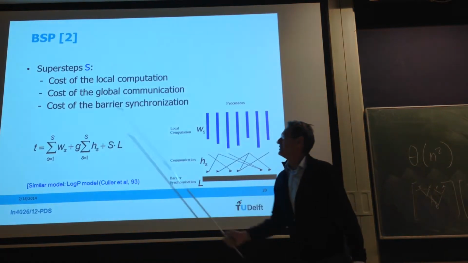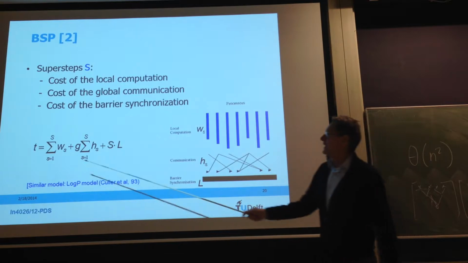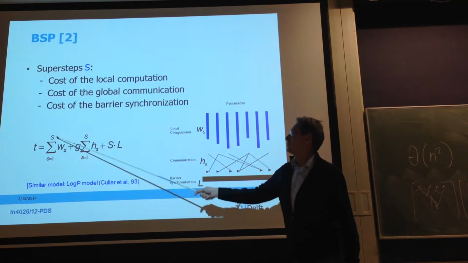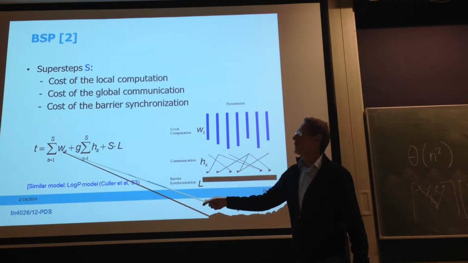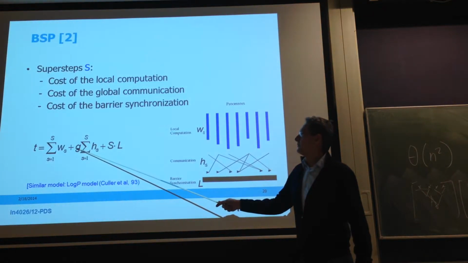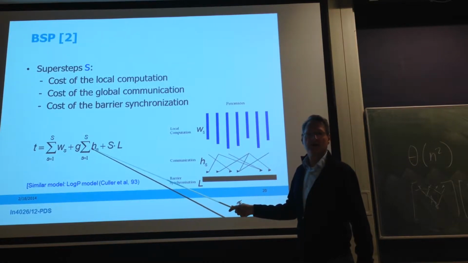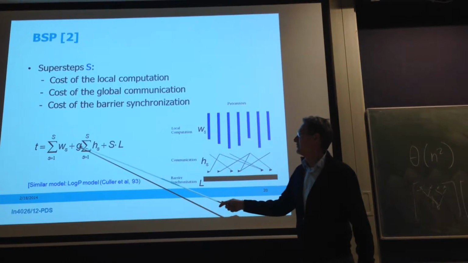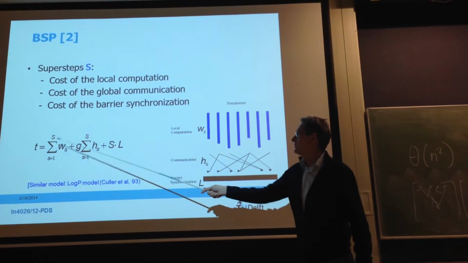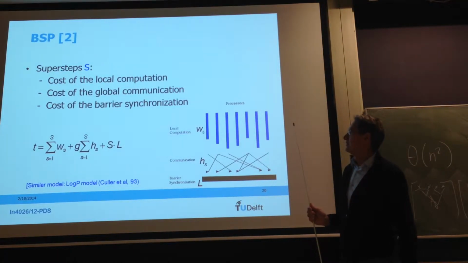The execution time can be calculated by summing over all super steps the amount of local work, the communication to computation ratio multiplied by the number of messages, which is the relative factor to weight these terms against each other, plus the latency caused by the super steps.